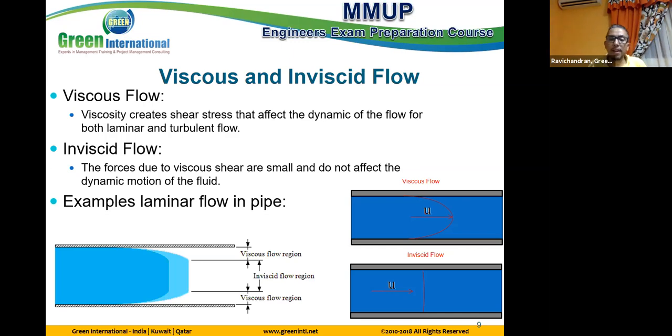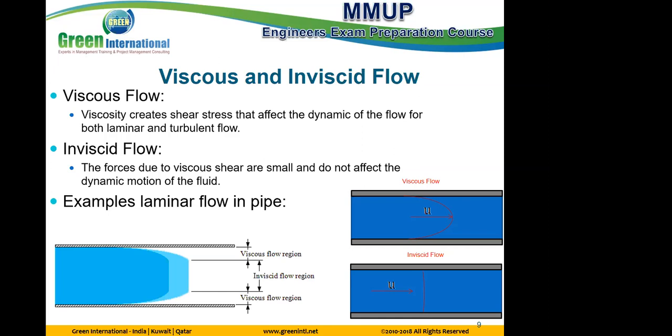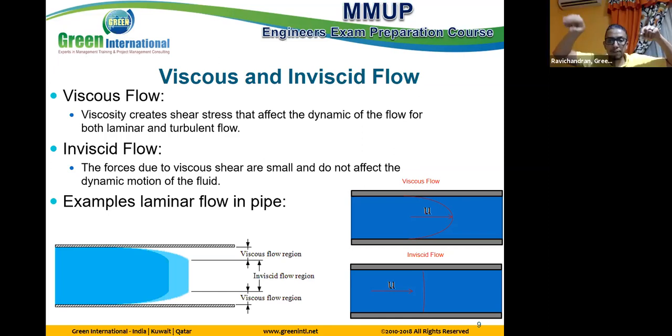For example, in the first one, this pipe, the velocity is zero at the surface of the pipe and maximum at the center. Why? Because this is highly viscous flow. Viscous flow means the effect of viscosity is dominant for the flow.